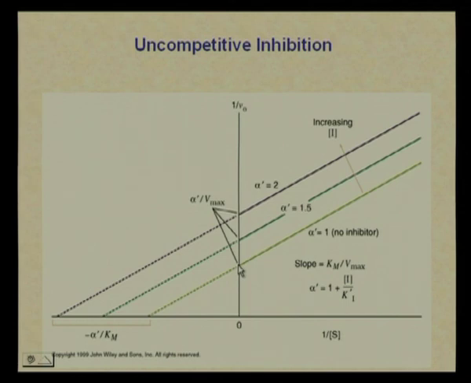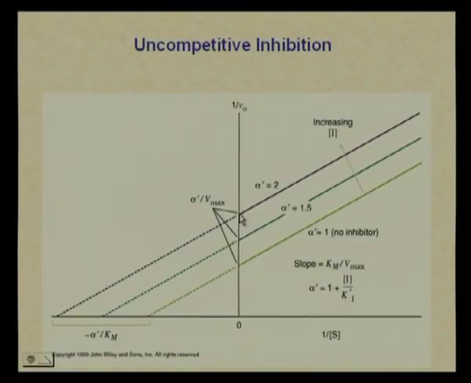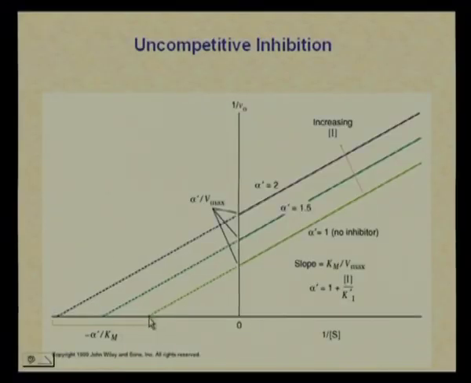If you add more of the inhibitor, that is going to decrease the initial velocity even more. So, you will have an even larger value for the V0. So, if you get parallel lines, you know that the inhibitor is an uncompetitive inhibitor of the enzyme. If you get lines that have an intersection on the y axis, it is a competitive inhibitor. If you have an intersection on the x axis, it is a non-competitive inhibitor.